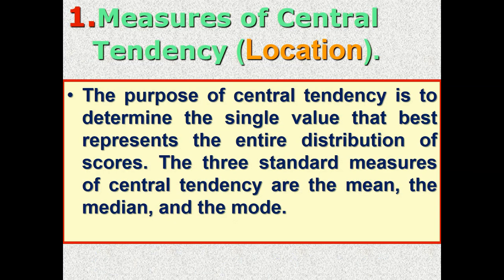The purpose of central tendency is to determine the single value that best represents the entire distribution of scores. The three standard measures of central location or tendency are mean, median, and mode.